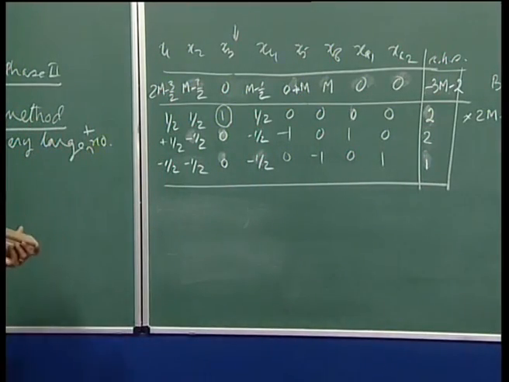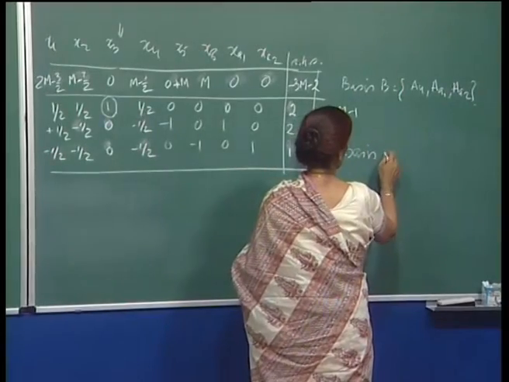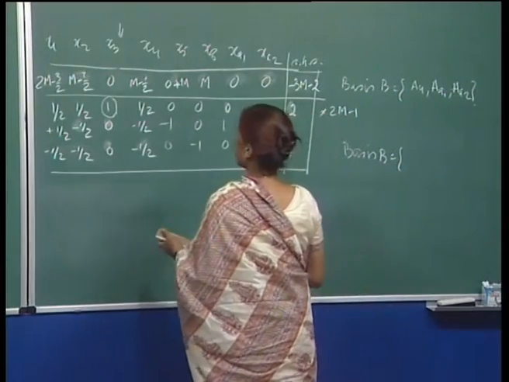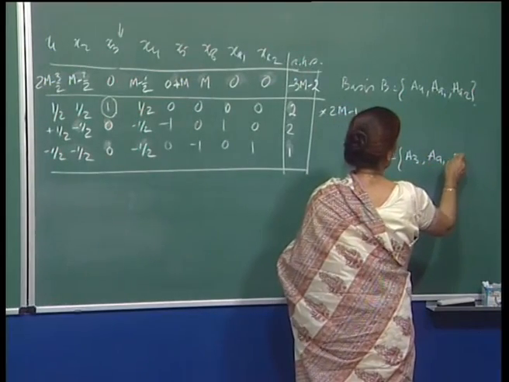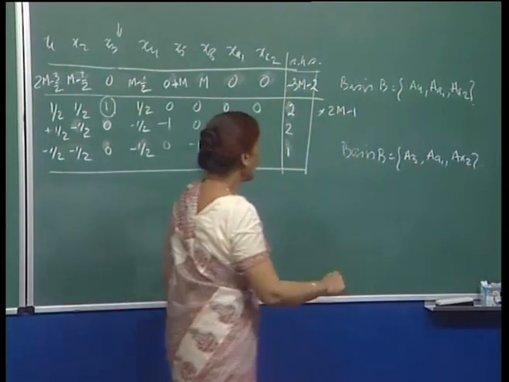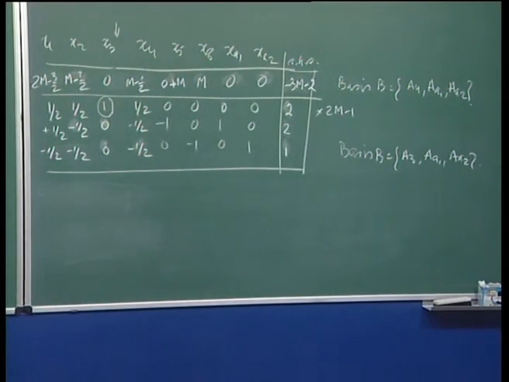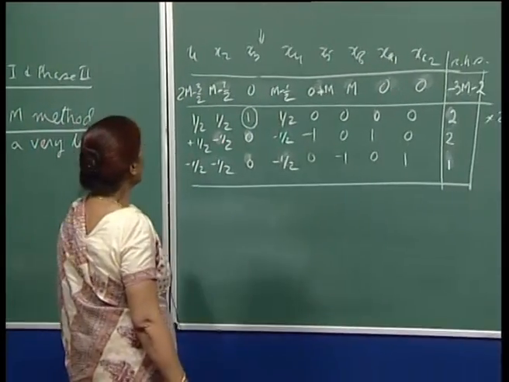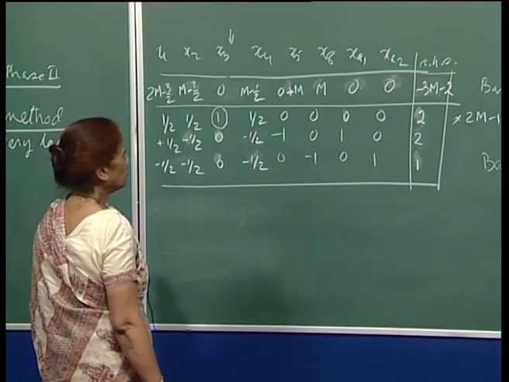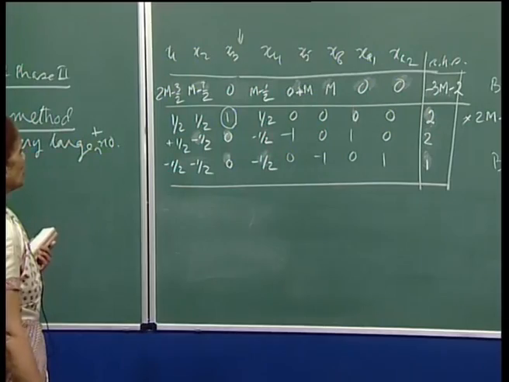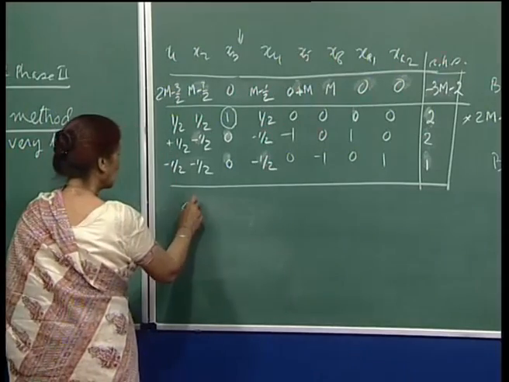So, this is your new basic feasible solution. Your new basis B now consists of A3, AA1, AA2, right. Okay. This is your new basis, and look at the optimality criteria. So, M is a very large number, and you see that optimality criteria is satisfied.